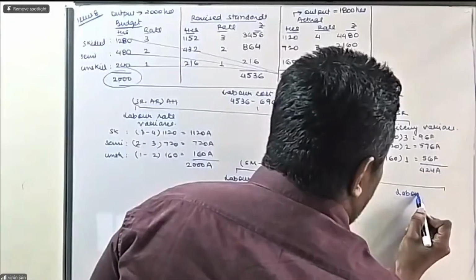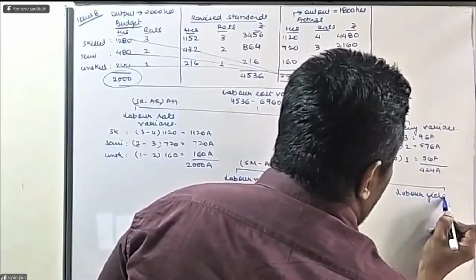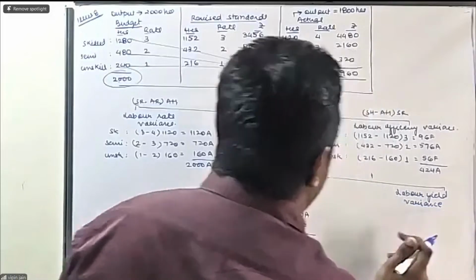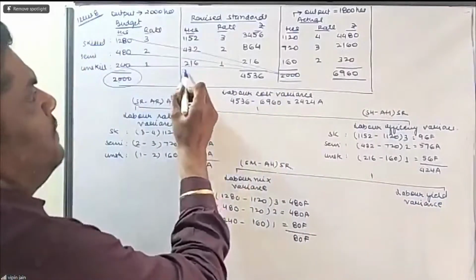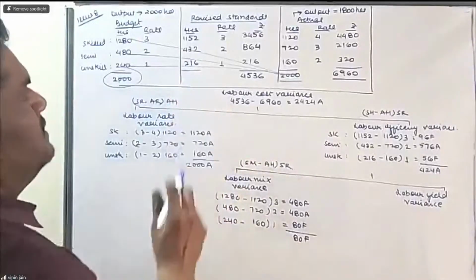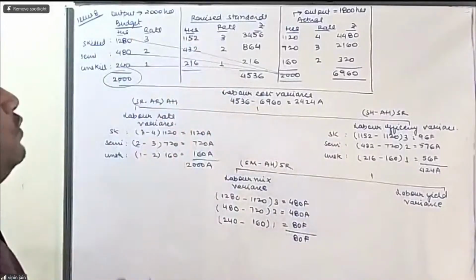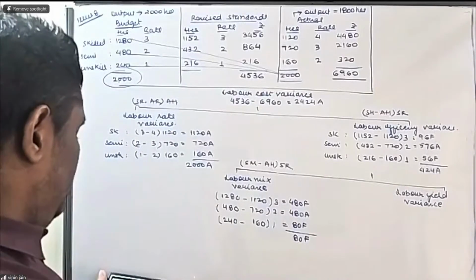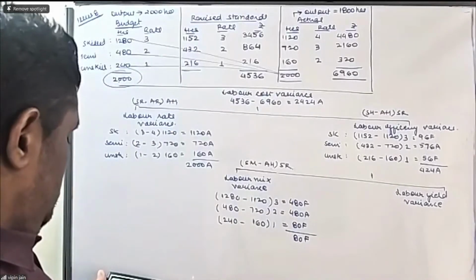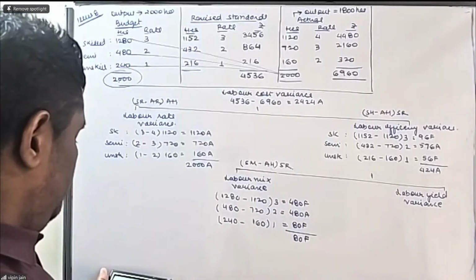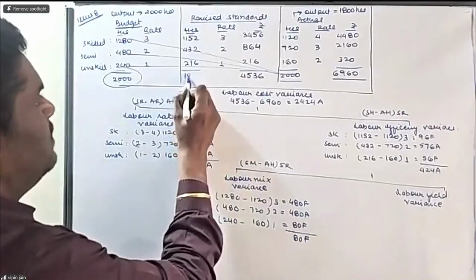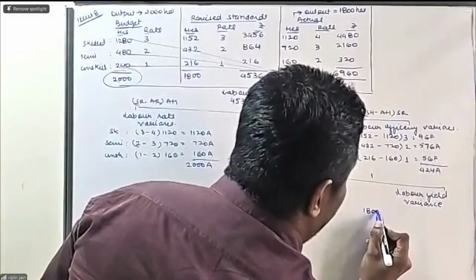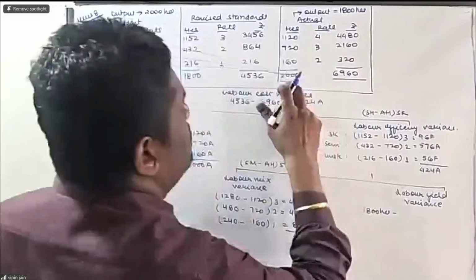Next is labor yield variance. This work was supposed to be completed in how many hours? 1152 plus 432 plus 216. That is 1800 hours. The work was supposed to be completed in 1800 hours, but the work was actually completed in 2000 hours.